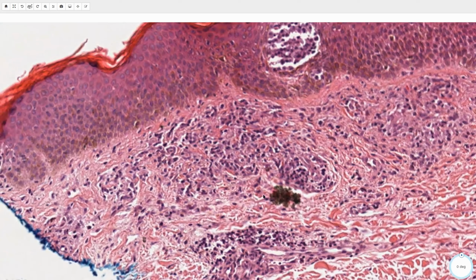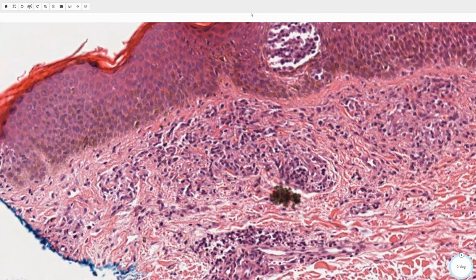And large cell transformation, again, the prerequisite for that is that more than 25% of the lymphocytes are greater than 4 times the normal size of a lymphocyte. They don't necessarily have to be CD30 positive, but more than 25% of the cells need to be greater than 4 times the size of a normal lymphocyte in order for it to qualify as large cell transformation.